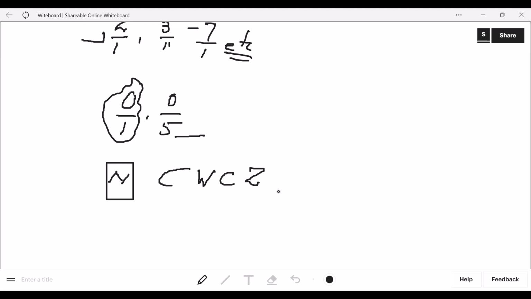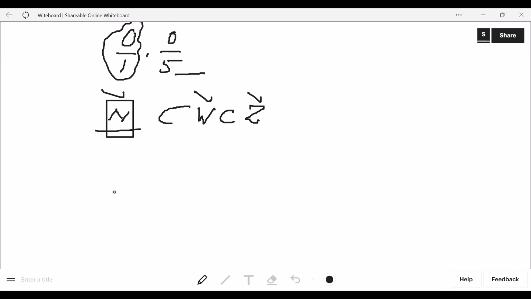As all integers are rational numbers, this automatically validates the idea that all whole numbers and all natural numbers will also be rational numbers, right?